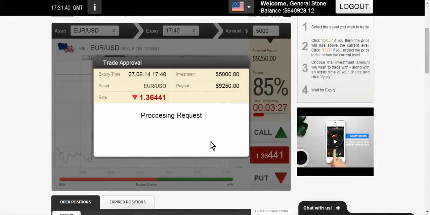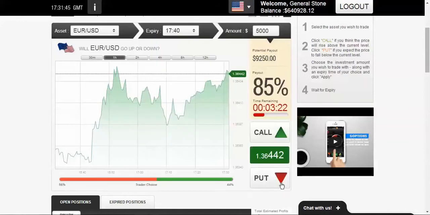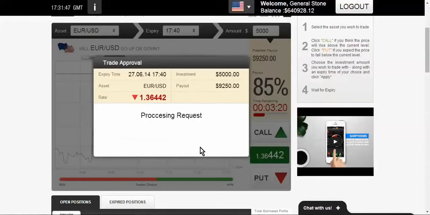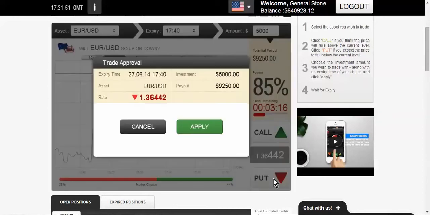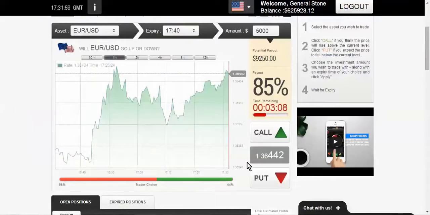Just waiting for this trade to approve. Obviously when the price is moving in quick fashion, you've got to be very quick to get this on, but I'm hoping to come through and make a huge profit at the point of expiry here. I've got quite a lot of open risk at lower prices, so I must balance that out. Go back to the chart. We're looking okay for the minute.